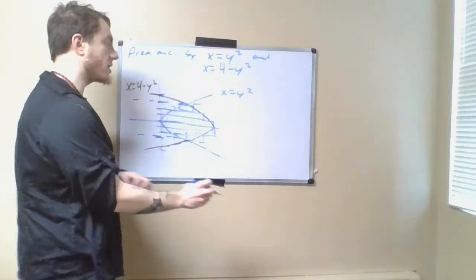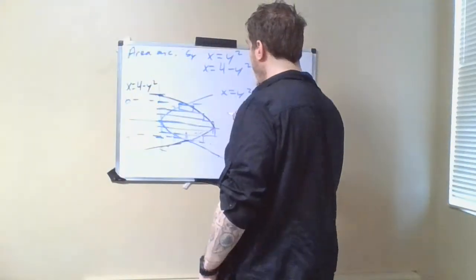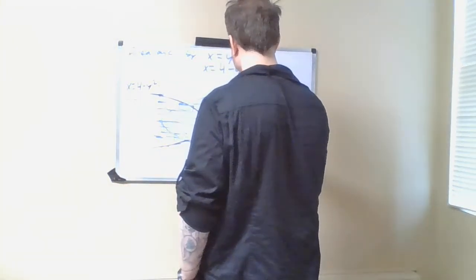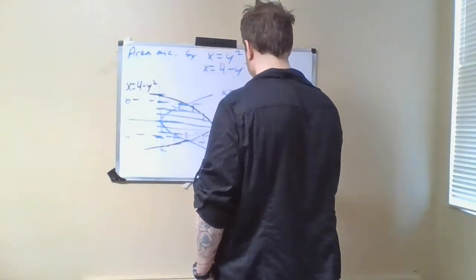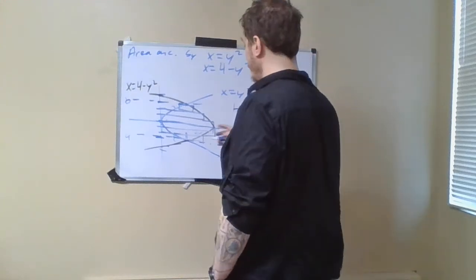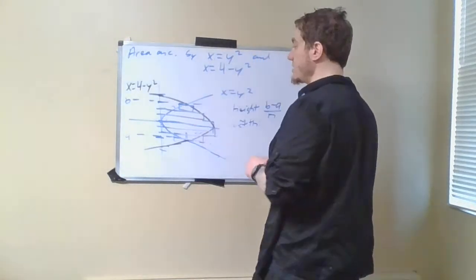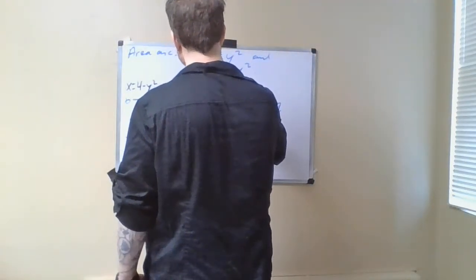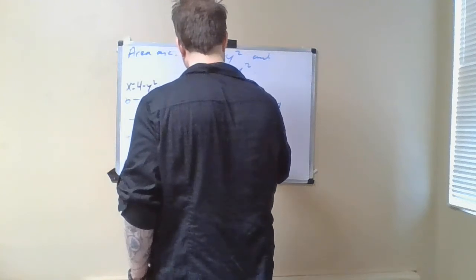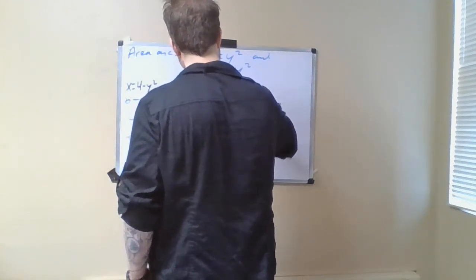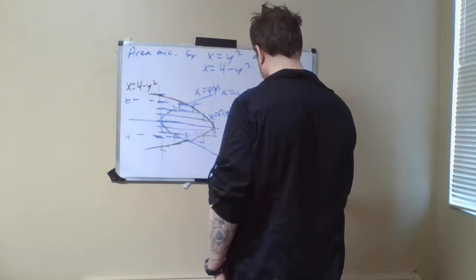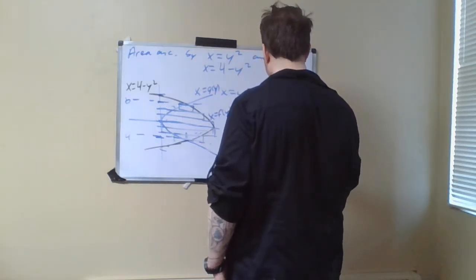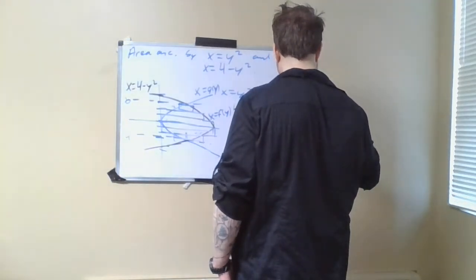But the difference with this Riemann sum is that the height is now going to be, if this goes from A up to B, the height of the rectangle is now going to be (B minus A) over the number of rectangles, and the width is going to be, and this is not specific to these problems, if I think of this as my x equals g of y, and this as x equals f of y, the width here is going to be f of yi star minus g of yi star.